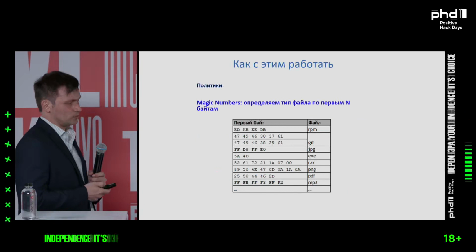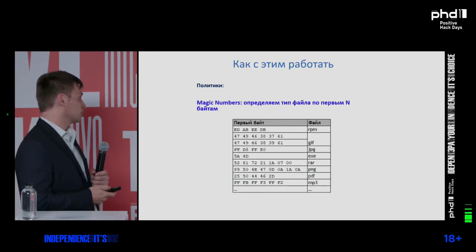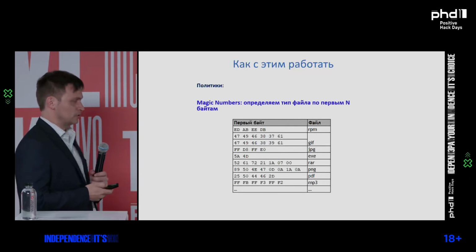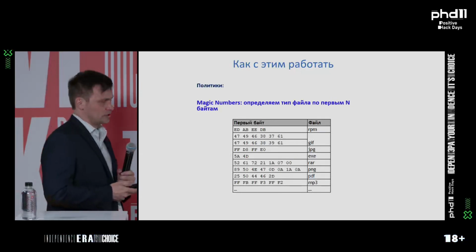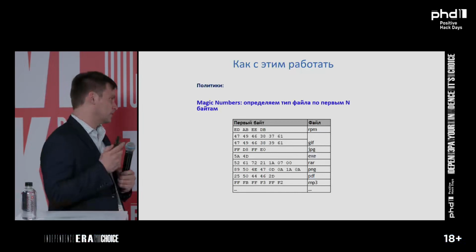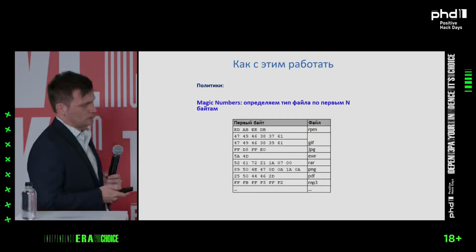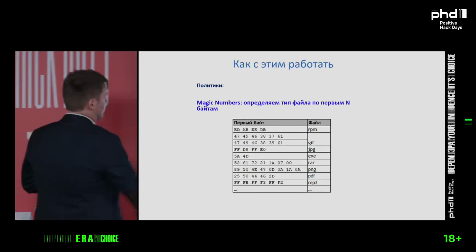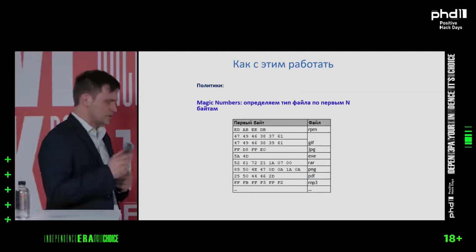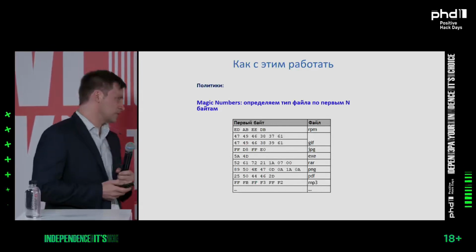How do we verify the type of a file by the first n bytes? We have heard some presentations regarding that topic. We use magic numbers. We define that for the first n bytes. There are some combinations for n bytes. Yesterday we had a presentation about how to forge a PDF file with a Python script, and that will be shown as PDF.